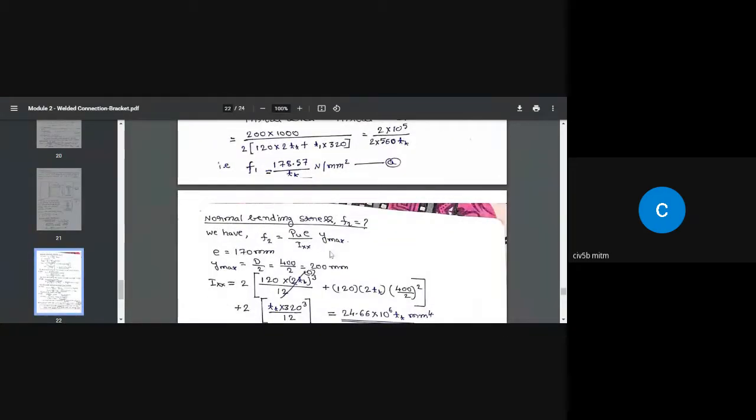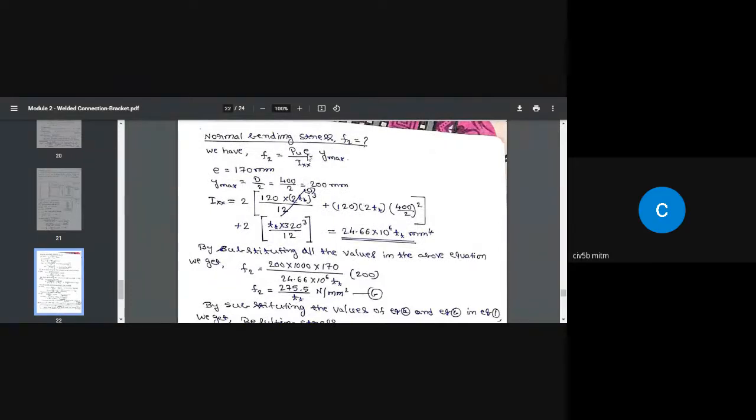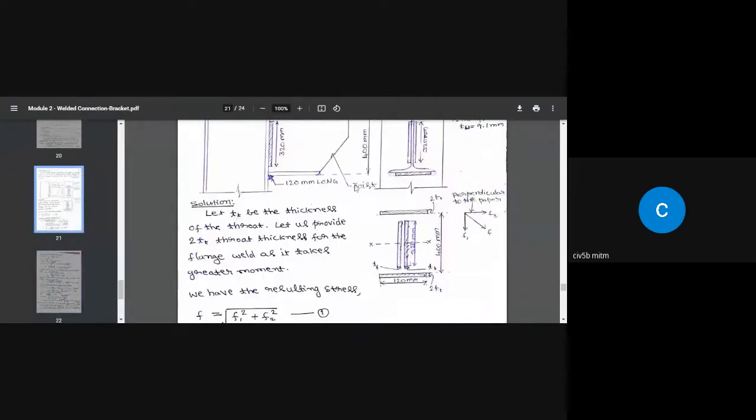Coming back to this equation, PU is known, E is known, and Y max is the distance of the farthest weld from the neutral axis. We consider the farthest weld because it is subjected to maximum stress compared to any other interior portion of the weld. So Y max equals D by 2, where D is the total depth of this section, 400 millimeter, divided by 2, that is 200 millimeter from the neutral axis to the bottom of the weld.